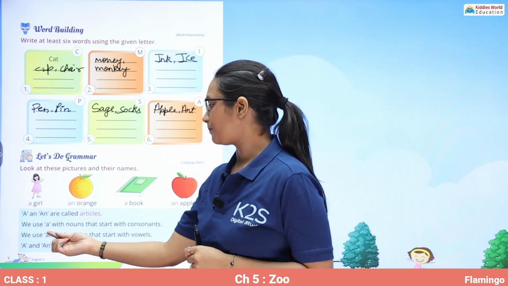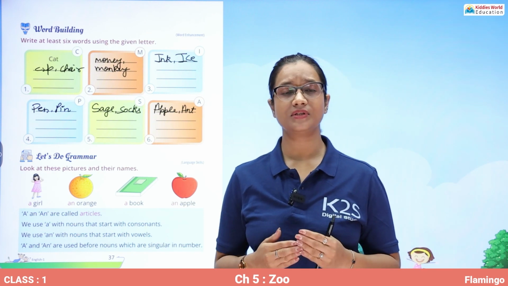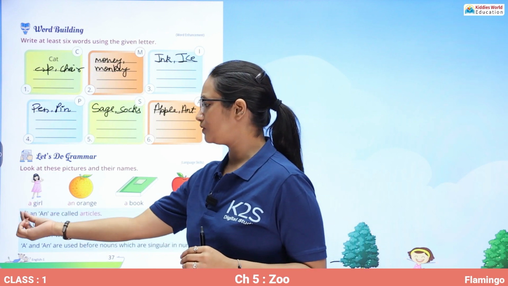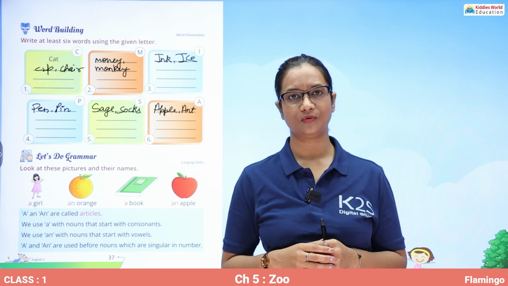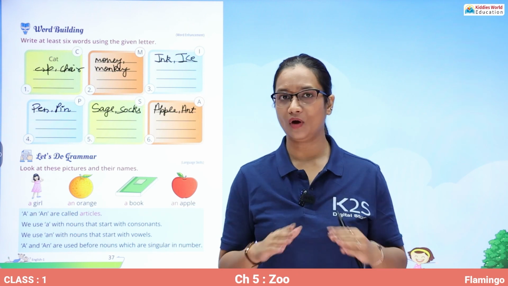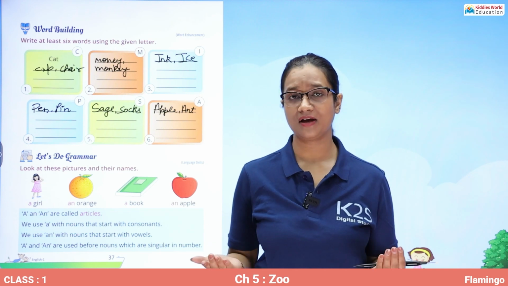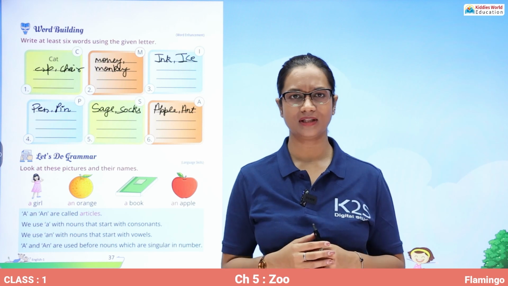We use a with nouns that start with consonants. So we use the article a whenever there is a consonant alphabet. Consonants, as I have already told you, are the letters which are not vowels. Out of the 26 alphabets that we have in our English language, we have 5 vowels. What are they?